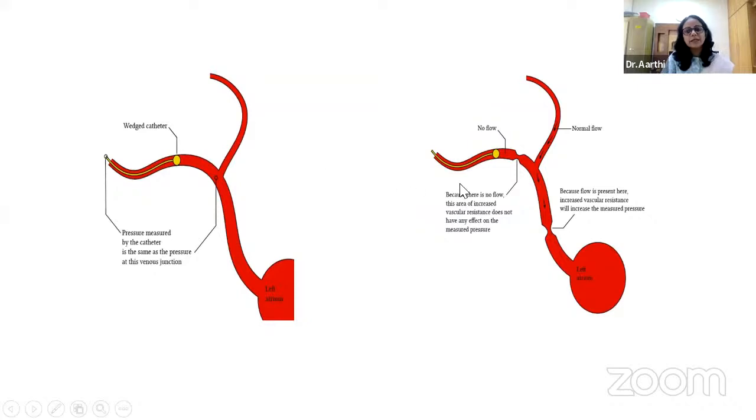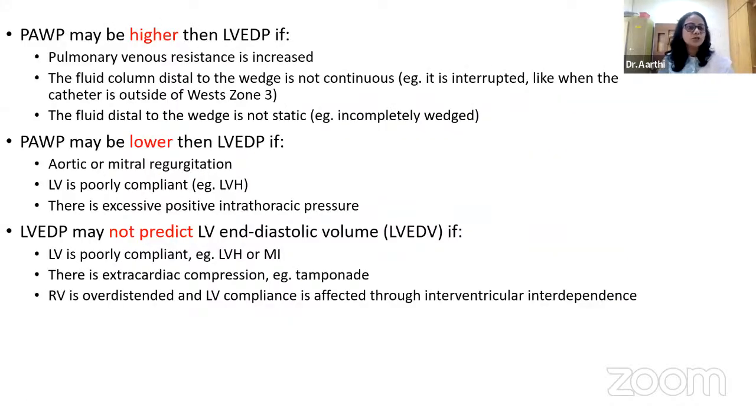But there are certain clinical scenarios where there is an increase in resistance or a non-compliant left ventricle where the pressure might be higher, so the wedge pressure might not reflect the left atrial pressure. Normally, pulmonary arterial wedge pressure will reflect the left ventricular end diastolic pressure.